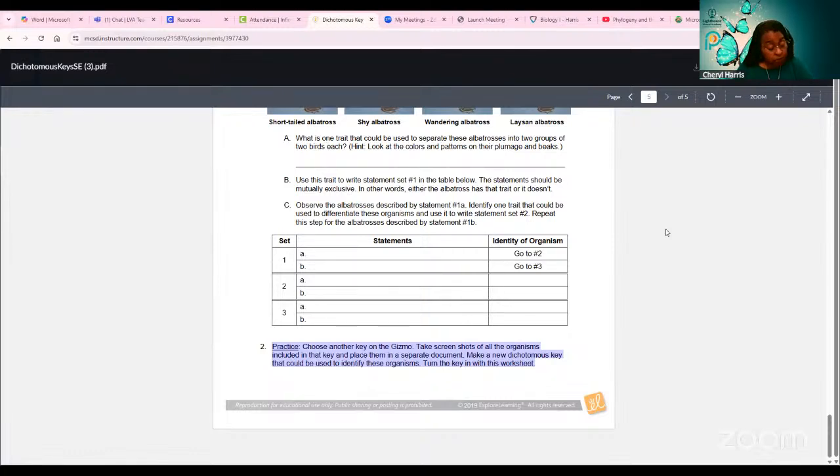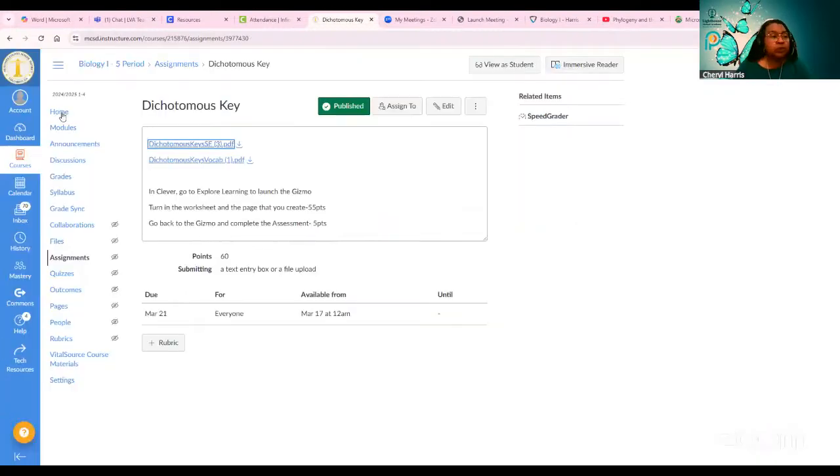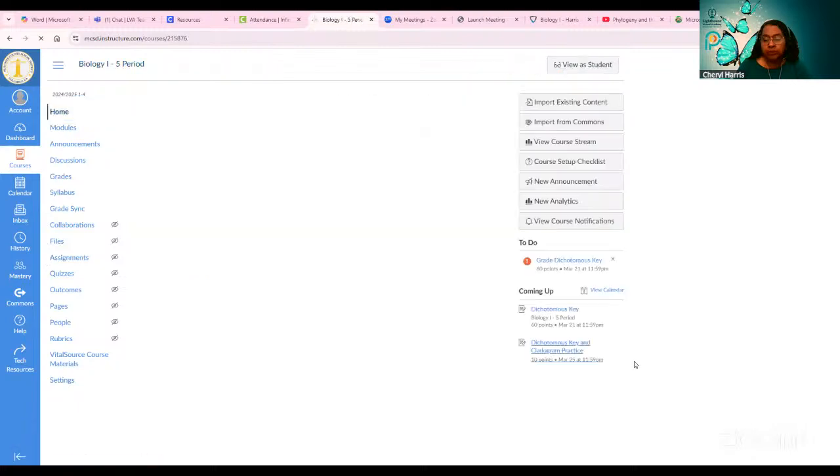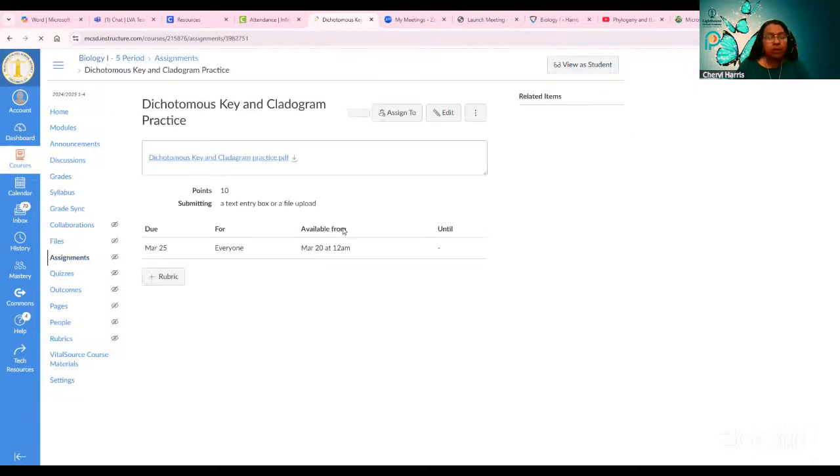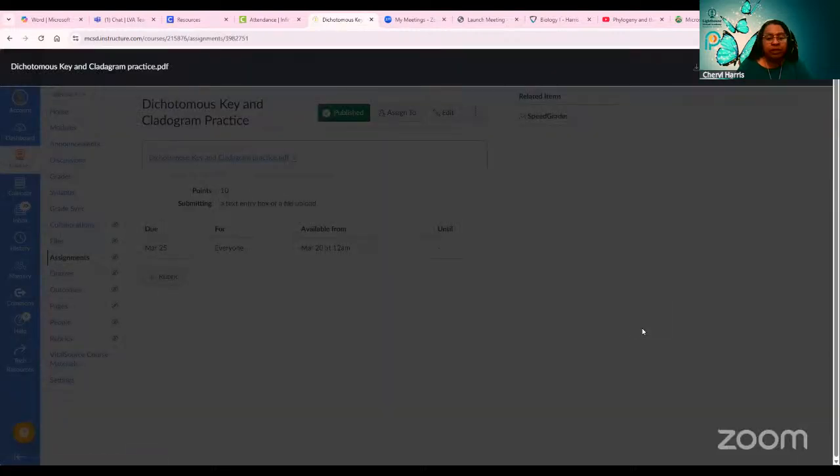So the worksheet is worth 55, the quiz is worth 5, so the whole grade is going to be worth 60 points. Okay, that's that. So that's old news, new news, today. So this one you should try to get to if you have already done everything else.